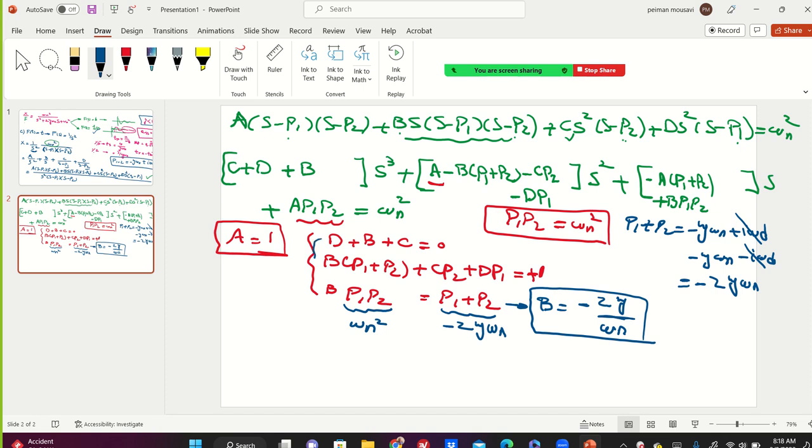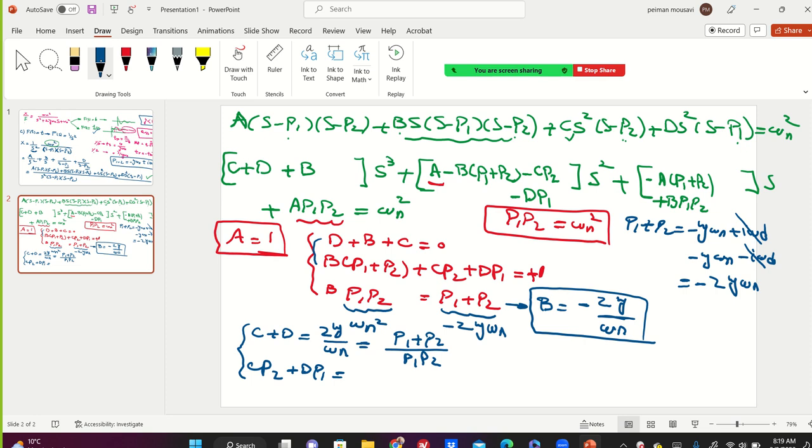So now I'm taking this out. So what you're gonna have, C plus D is 2 zeta over omega n. I'm moving B to the other side. And CP2 plus DP1 gonna be, I can leave it like this for simplicity, because I'm simplifying everything. We know the B, but I'm putting here P1 P2, CP2 plus DP1.